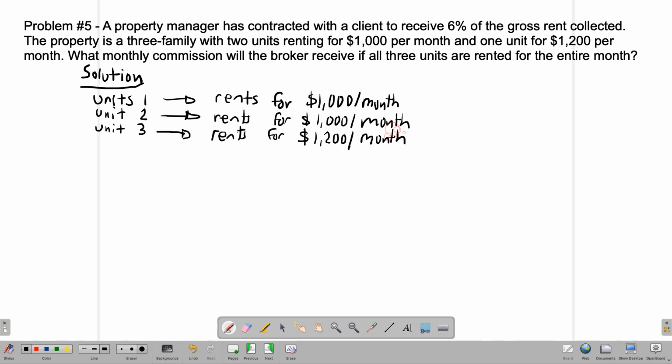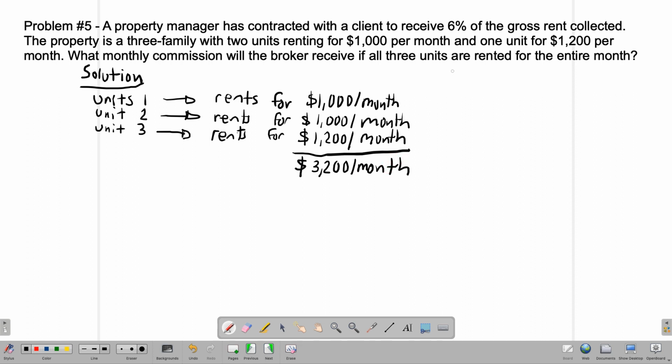All right, so the key is let's add up all of what they're going to receive for that month. And in this case, we have 1,000, 1,000, and 1,200. The 3 units, we add them up. We get the value 3,200 per month is what they're going to receive.